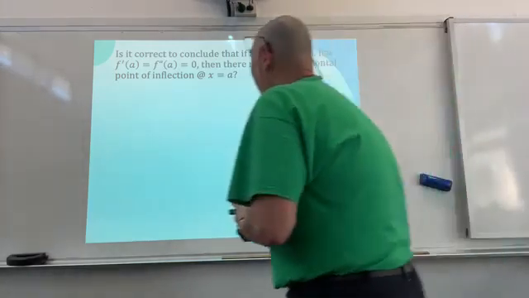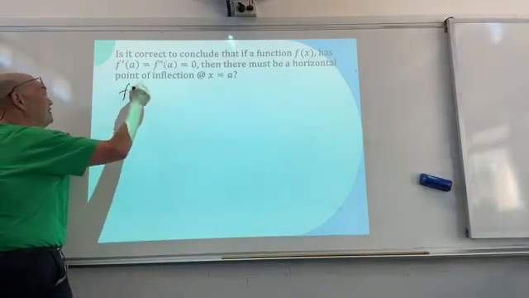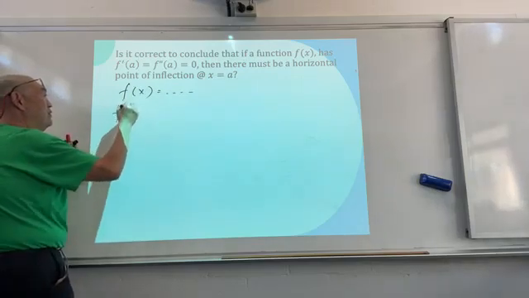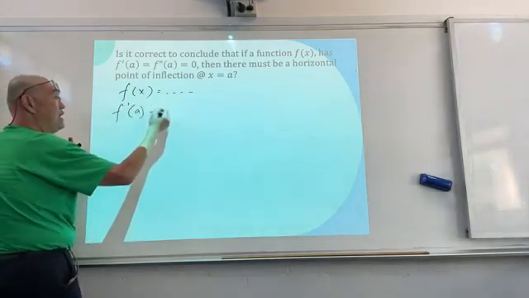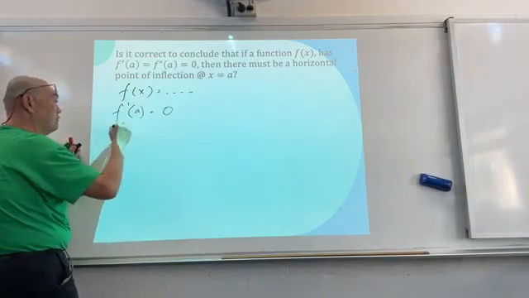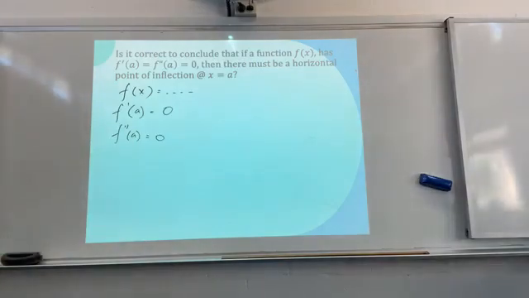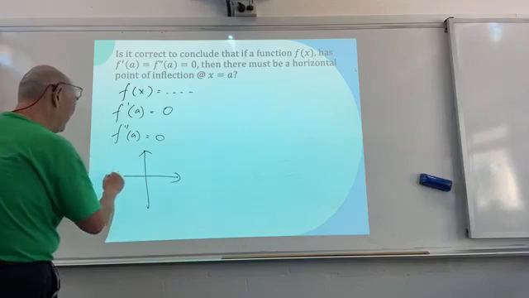We don't know what the function is, but we know at a certain point f'(a) is 0, f''(a) is 0, with a equals 0. Is it a horizontal point of inflection? Not necessarily. Not necessarily. What about x to the 4?